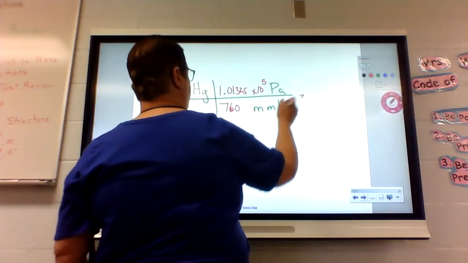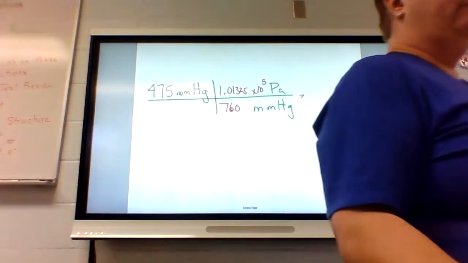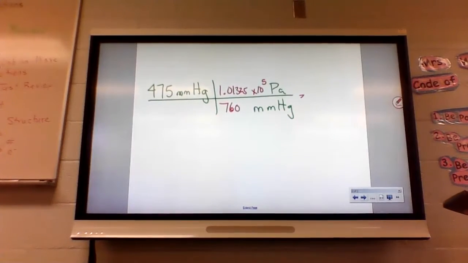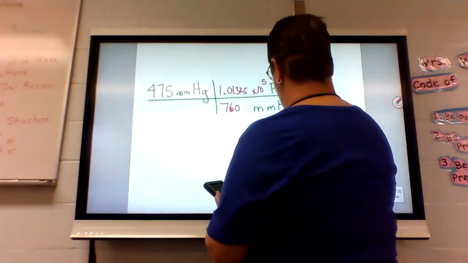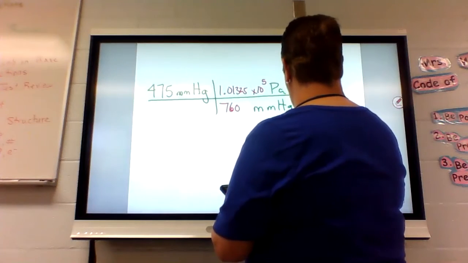Are you doing number 7? Yep. So when you punch that in your calculator, you have 475 times 1.01325 second EE5, and then divide 760. I got 63,328.